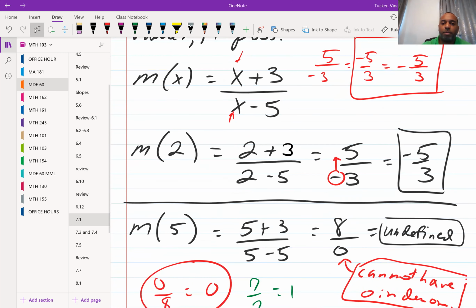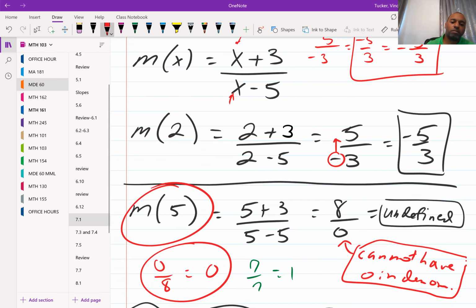Then they ask us to find m of 5. So that means plug in 5 where x was. So it's 5 plus 3 over 5 minus 5. That'll be 8/0, which is undefined because you cannot have 0 in your denominator. So if ever you get 0 in your denominator, that is undefined. No matter what you're doing, 0 in your denominator is undefined. Notice in the red circle, if I had 0 in the numerator, that's fine because that's just 0.